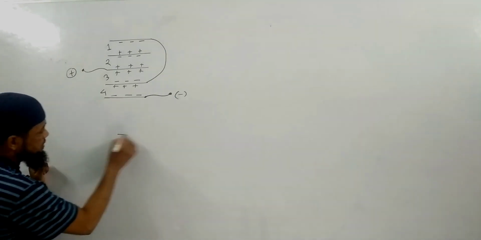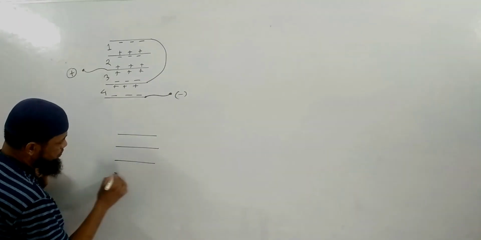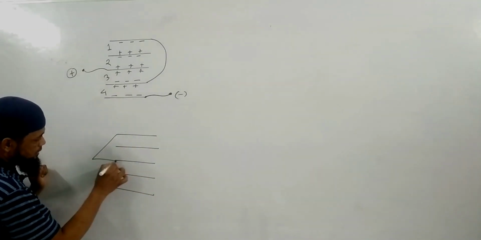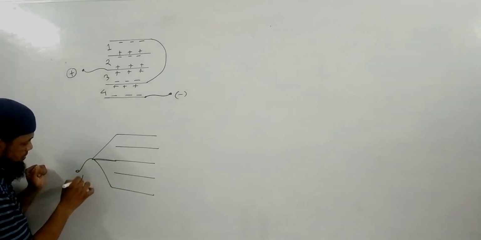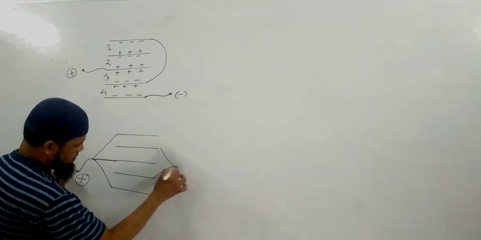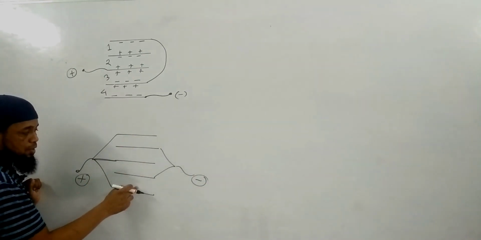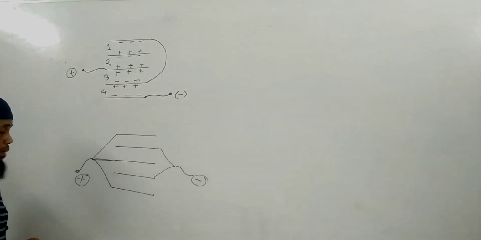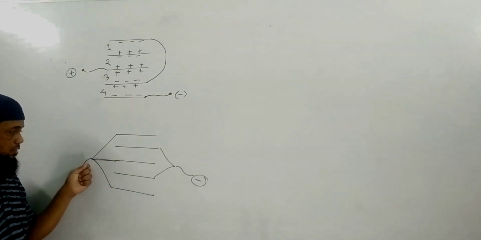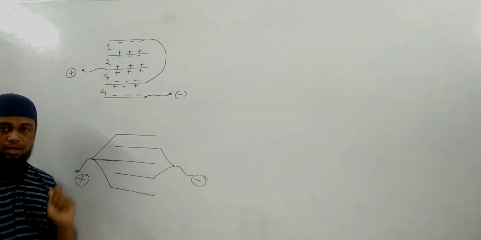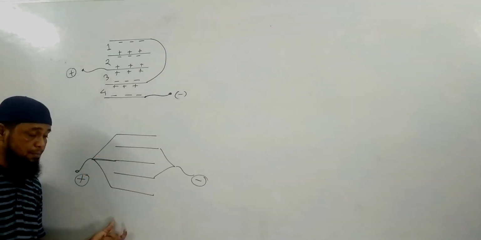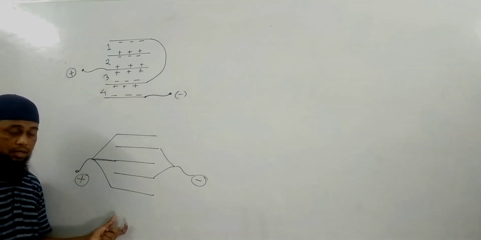Had the connection been like this, 1, 2, 3, 4, 5 plates, with plus and minus terminals, you could have said 1, 2, 3, 4 capacitors are connected in parallel. Why parallel? Because all positive plates are connected to one point, all negative plates are connected to the other point. In this situation, all capacitors are connected in parallel.